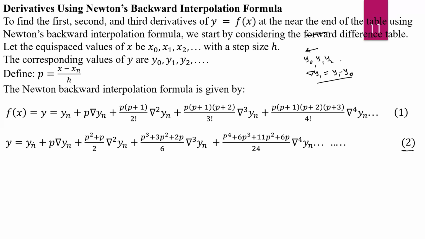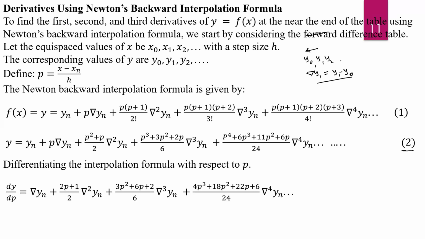So in the first term, p is not there. Its derivative is 0. Okay. So here the second term, the derivative of p with respect to p is 1 into the constant term, first backward difference at yn as it is. Here the third term, the derivative of p square is 2p and the derivative of p with respect to p is 1, that is (2p plus 1) divided by 2 factorial, second backward difference, plus the derivative of the fourth term is (3p square plus 6p plus 2) divided by 3 factorial, means 6, third order backward difference at yn.